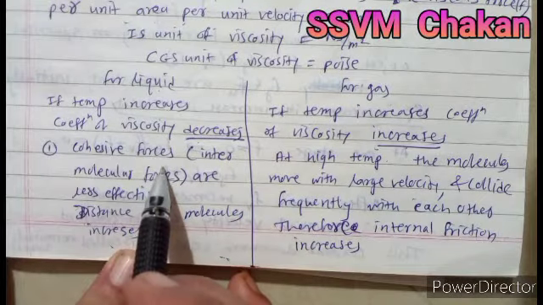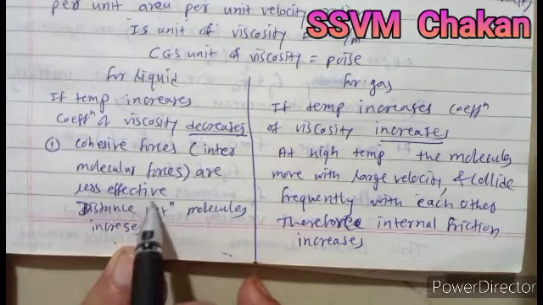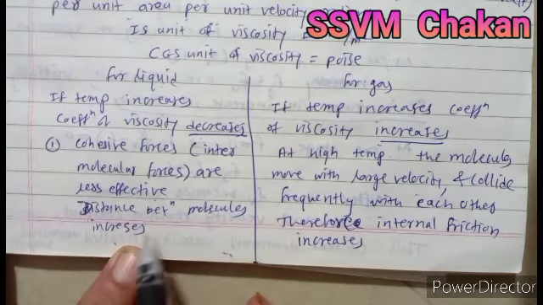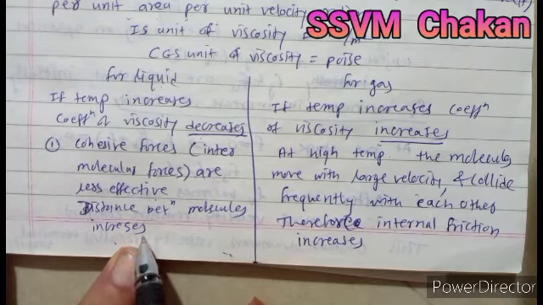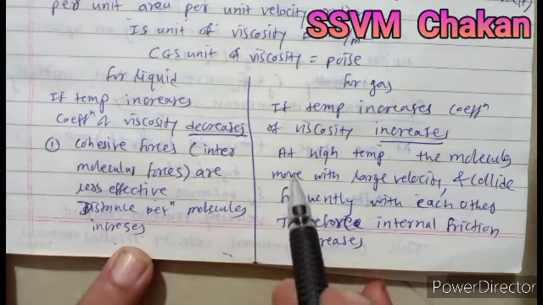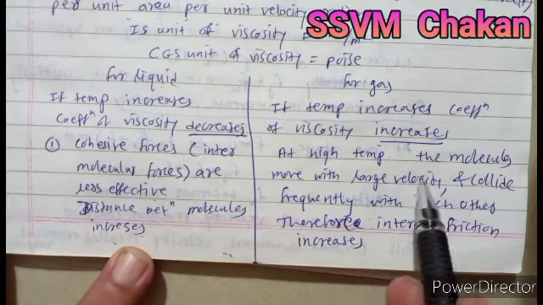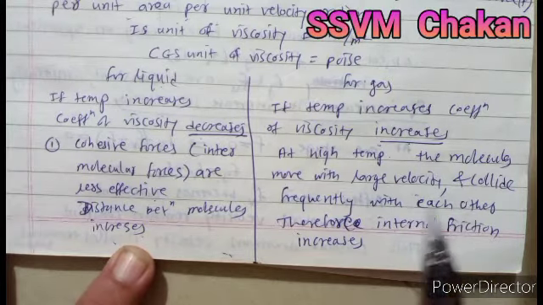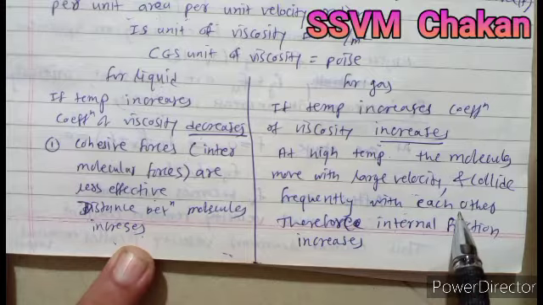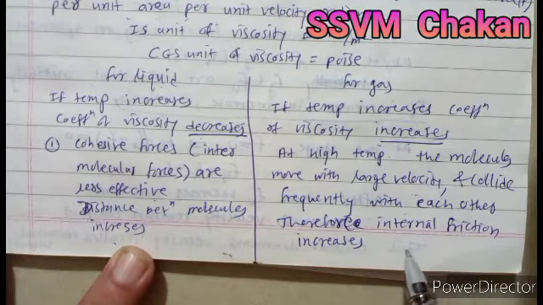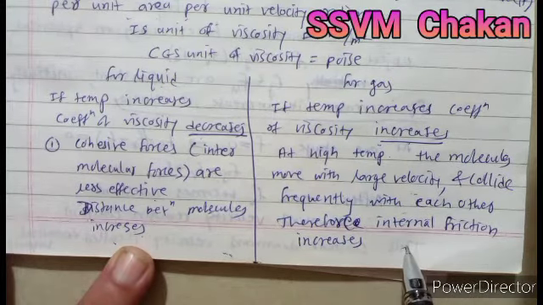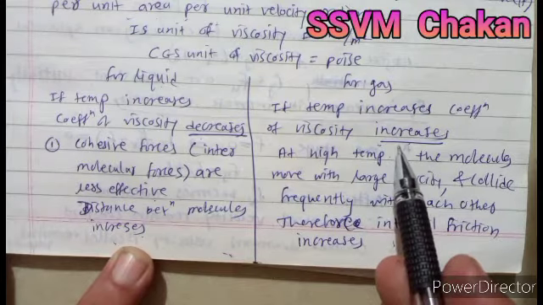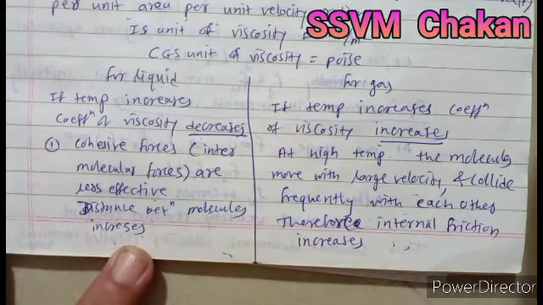In liquids, cohesive forces are less effective and the distance between molecules increases. In gases, at high temperature, the molecules move with larger velocity and collide frequently with each other. Therefore, internal friction increases, and due to the increase in internal friction, the viscosity also increases.